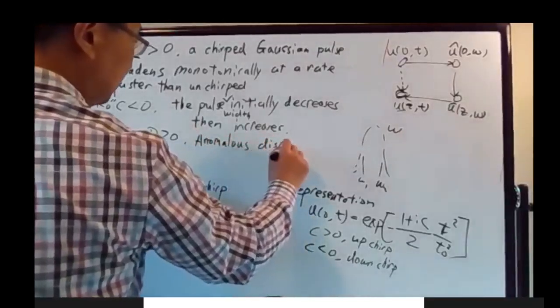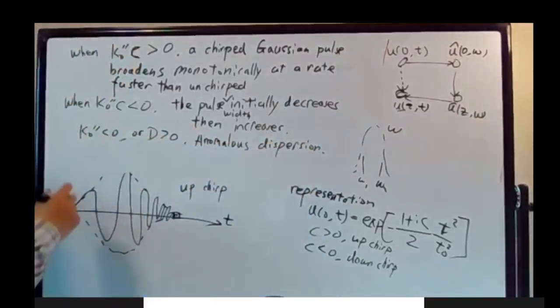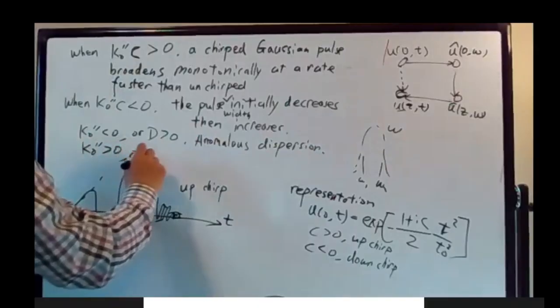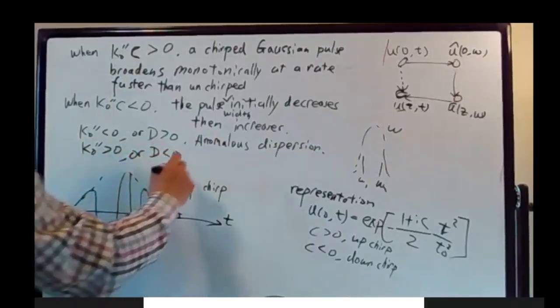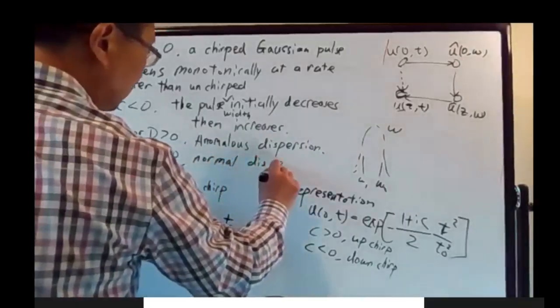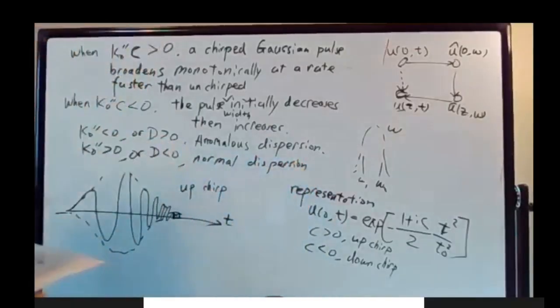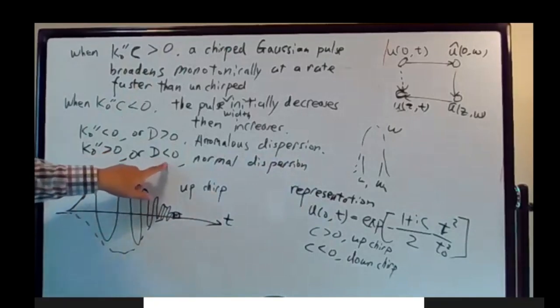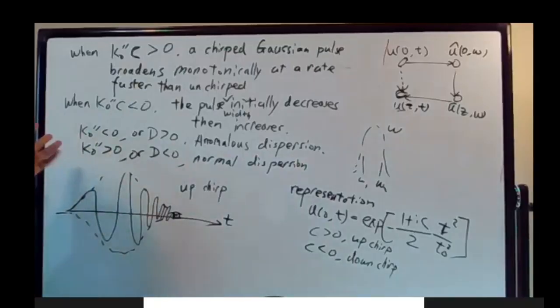And when k0 double prime is greater than 0, or D is less than 0, it's called normal dispersion. So it's just a way you quantify the type of dispersion. Questions here?